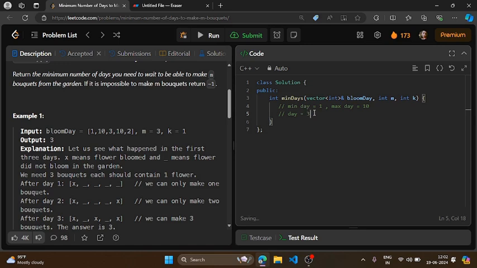Now on day 3 again you will check if it is possible. You can see on day 3 exactly three flowers are blooming, which is this and this. So on day 3 you can make m bouquets. So day 3 is the minimum possible day when you will be able to make 3 bouquets. So this will be our answer. Now let's observe one thing.